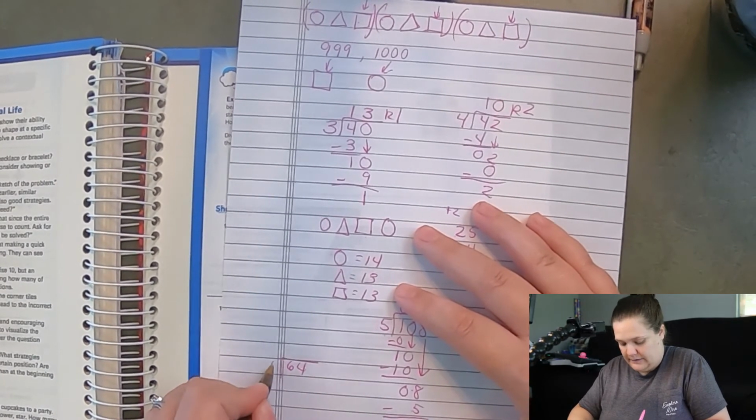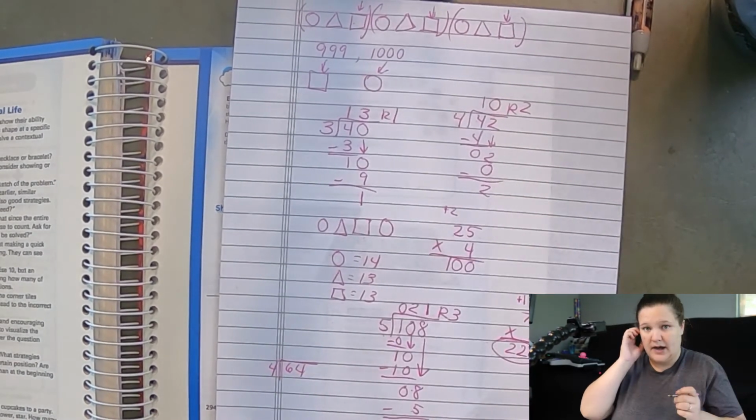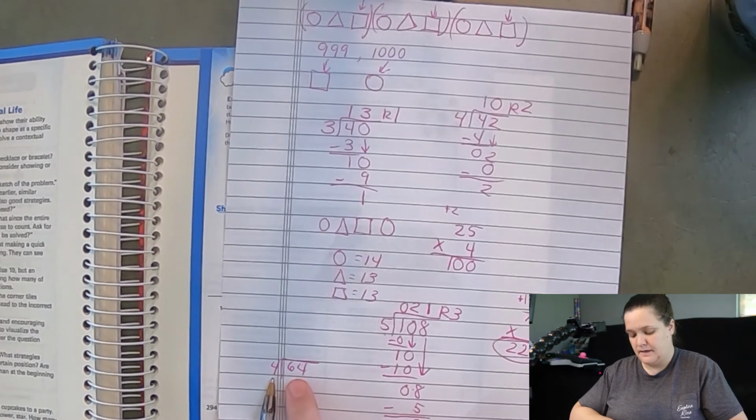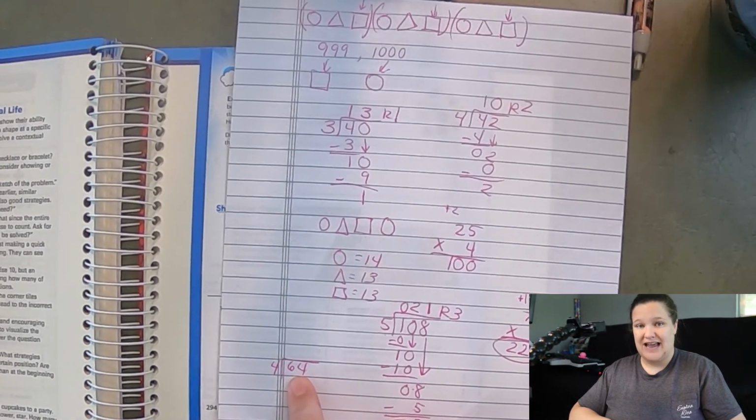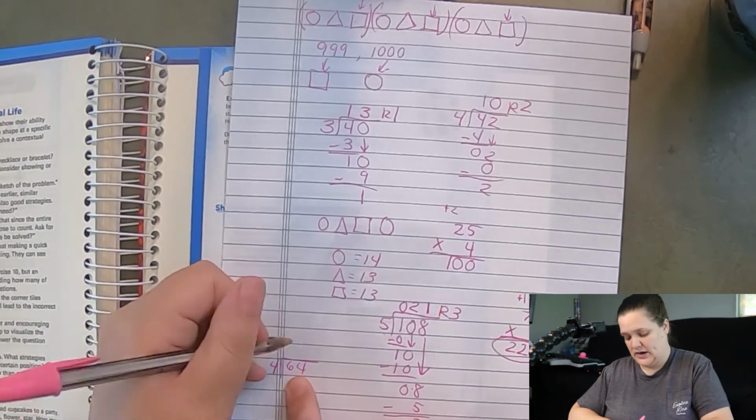64 divided by 4. All right, so 4 can go into 6. 4 times 1 is 4. 4 times 2 is 8, so that's too big, so it can only go in once without going over.